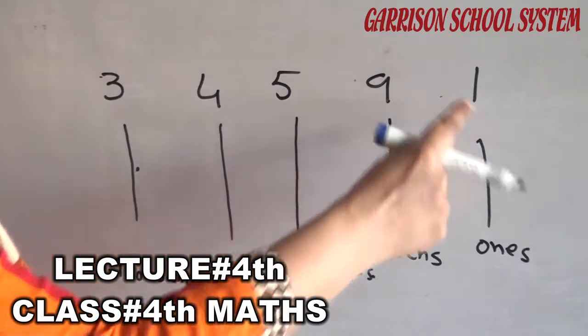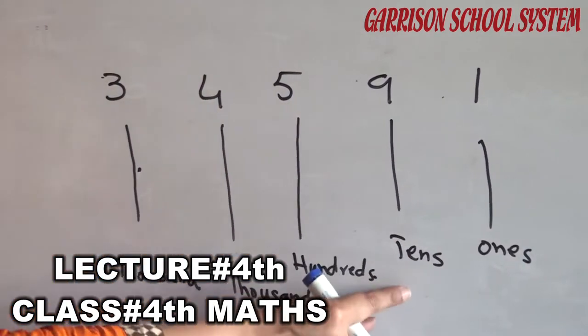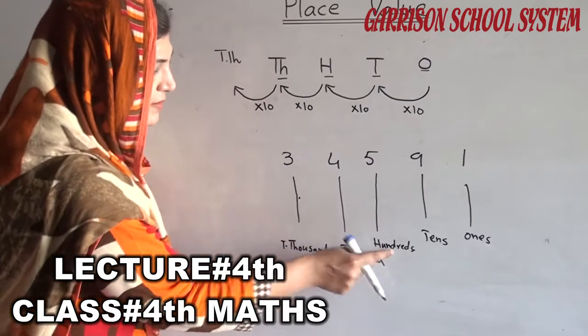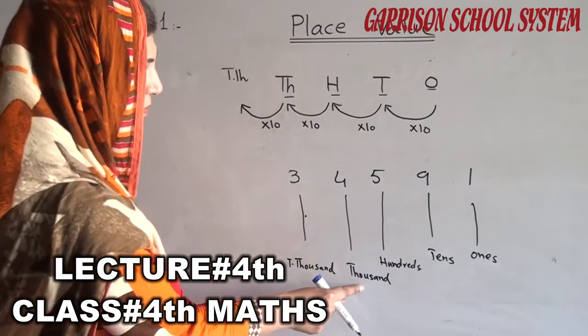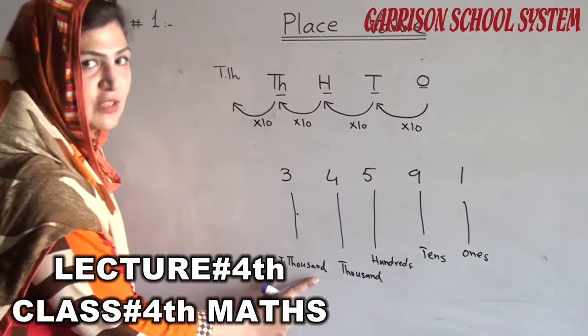This 1 is in the ones place, and this 9 is in the tens place. This 5 is in the 100 place. This 4 is in the 1000 place. Similarly, this 3 is in the 10,000 place.